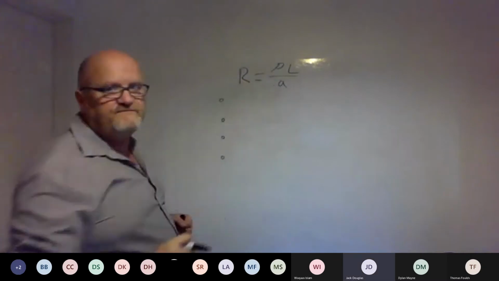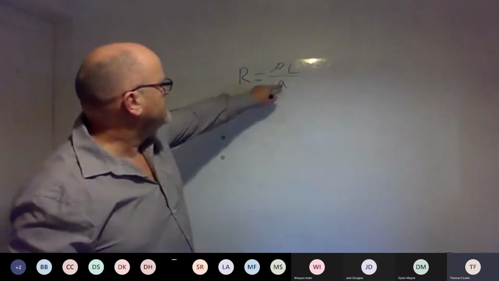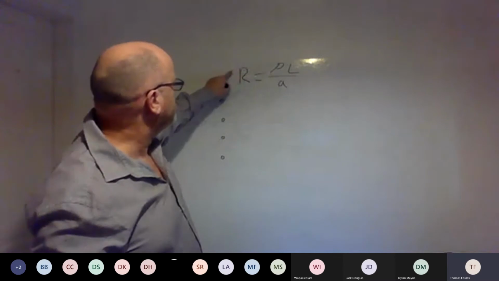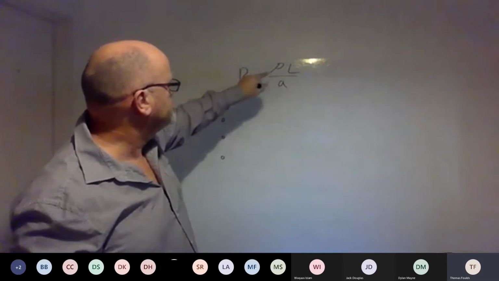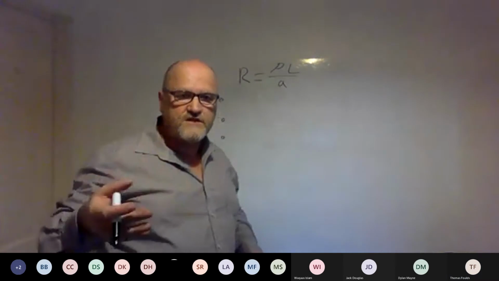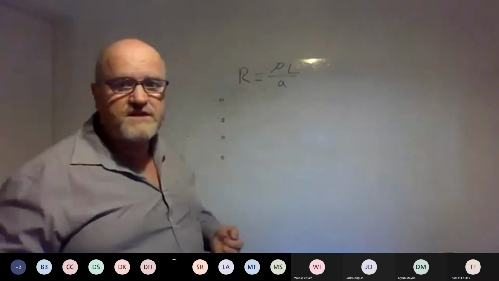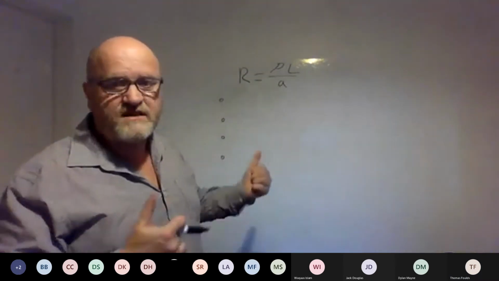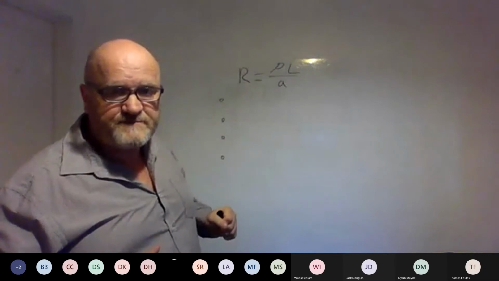How would you make A the subject? A goes over the other side, so it becomes R times A on the bottom. Sometimes, like some of the power formula questions, they ask you just to transpose it, not to do any working out. If you get that, brilliant, because you're all happy with transposition, aren't you?